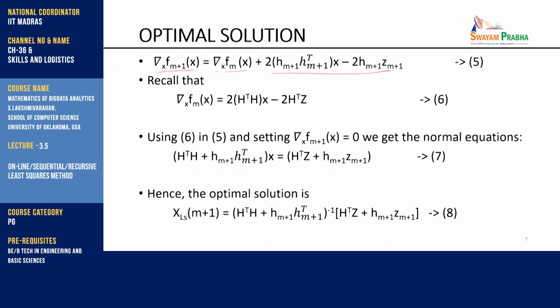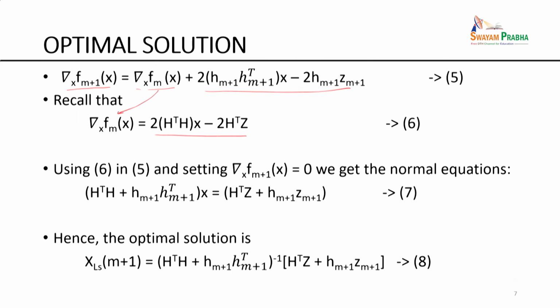But recall, the gradient for the m valued problem, we already know the solution. So, if I add these two and equate the equation, so substitute 6 and 5, equate phi to 0, we get a set of normal equations, a new set of normal equations.